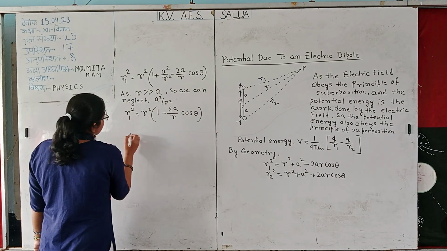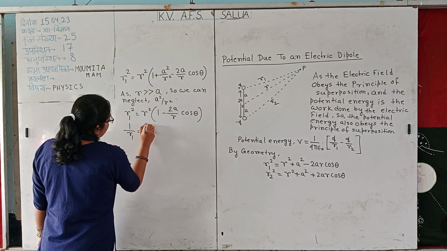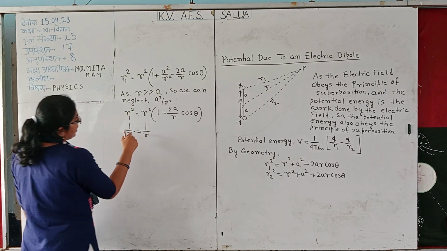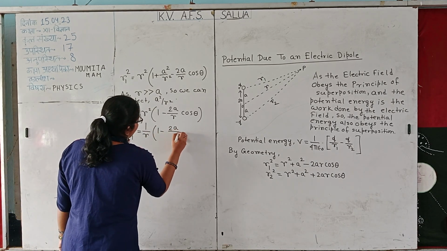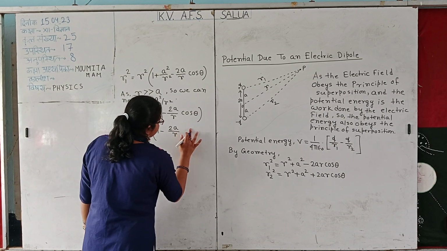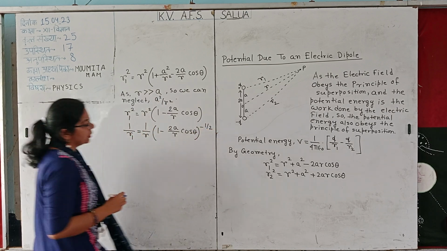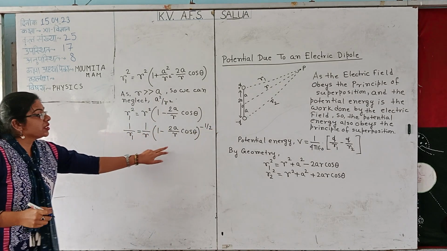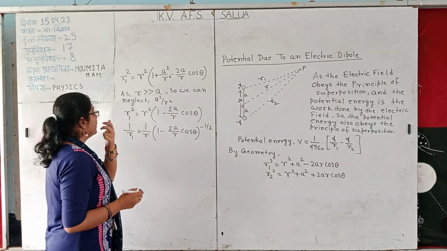Now we can write 1 by r1 equal to 1 by r into 1 minus twice a by r cos theta, whole power minus half. Now in this equation you have to use the binomial theorem. What is the binomial theorem?